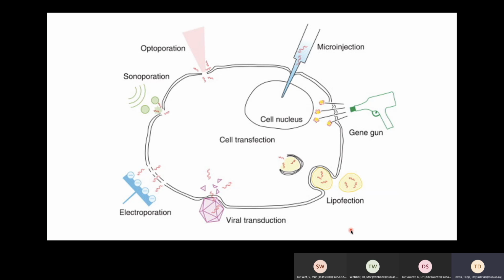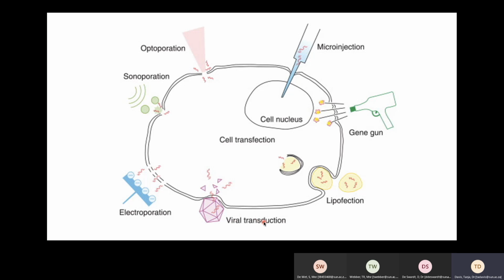There are a lot of different ways to get DNA or RNA into a cell, but the most common ways are the ones here at the bottom. Electroporation is a process where an electrical pulse or current creates little gaps in the cell membrane, which then allows your DNA or RNA to enter the cell. But this requires a special machine, so it's not that often used unless you have a facility where you can do this.